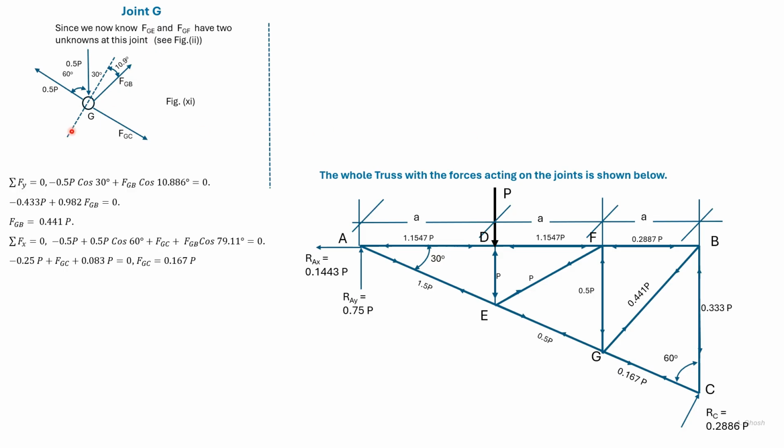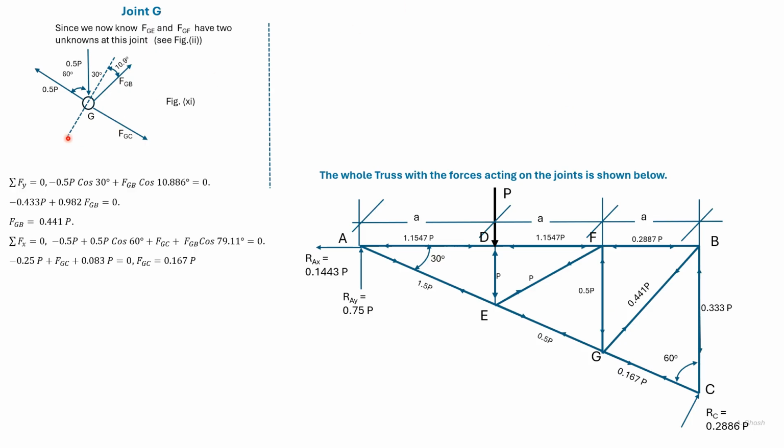So this is considered as the Y axis, and the X axis is along EGC. We earlier solved joint E in the same way. Now this angle is 40.9.